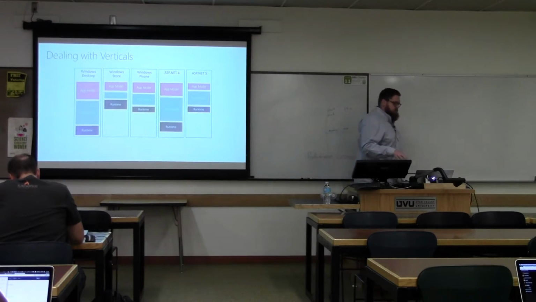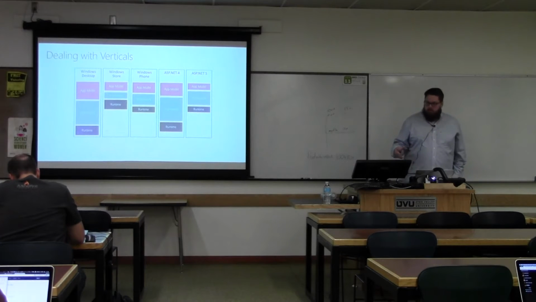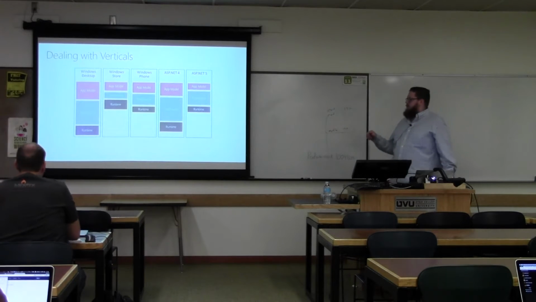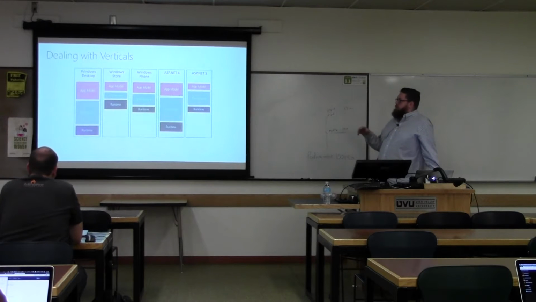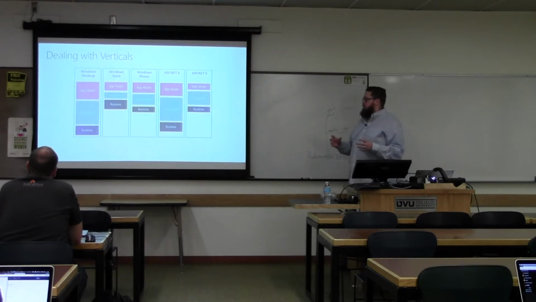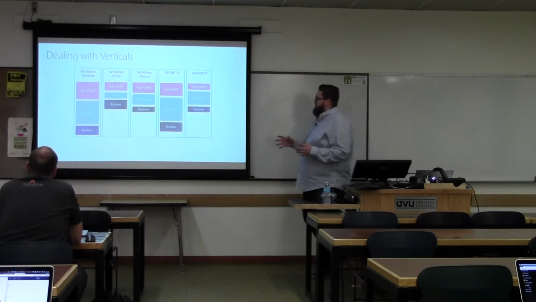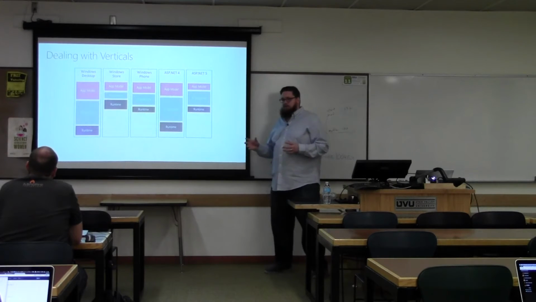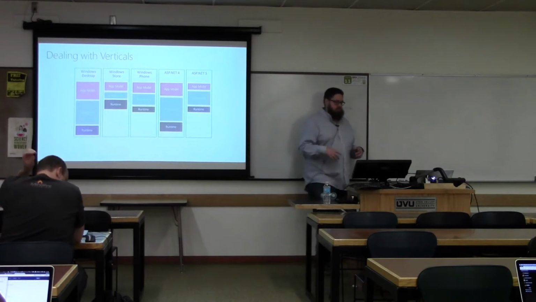One of the problems that stem from that is you used to not be able to target multiple frameworks. So if I wanted to have a model class or a model project that I would use in ASP.NET 5 and Windows Phone or Silverlight and the desktop, I would have to have a different project for each one of those different verticals. It was really a pain to deal with and a huge hassle.